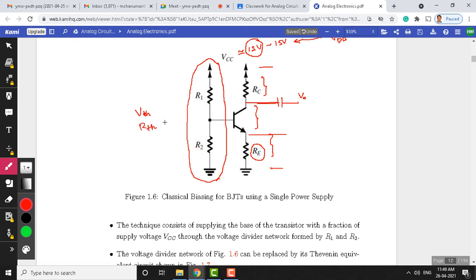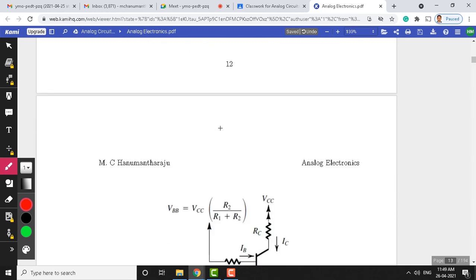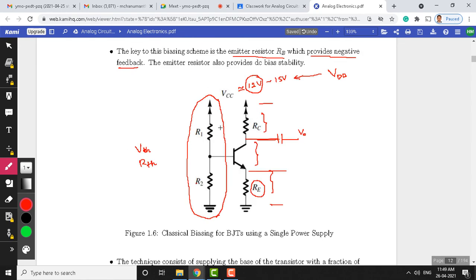Okay. So, let us find out these things. You can see here what is VTH. Let me call this, by our convention, VBB.